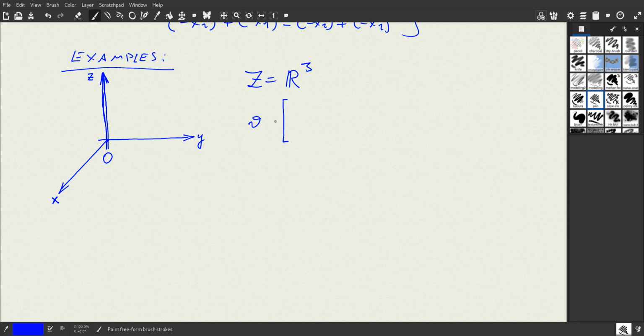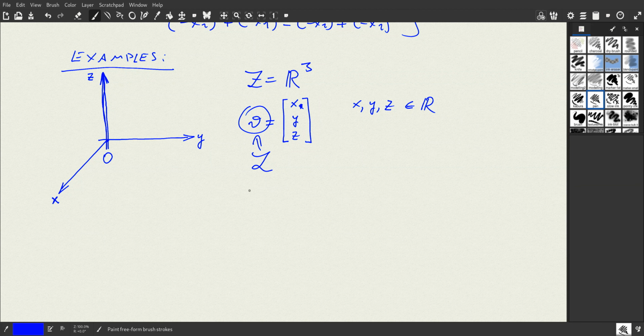I denote a vector by V, and it is just a triple x, y, and z. Triples of real numbers written as columns. X, y, z are just real numbers. This is a vector V, which belongs to our linear vector space.